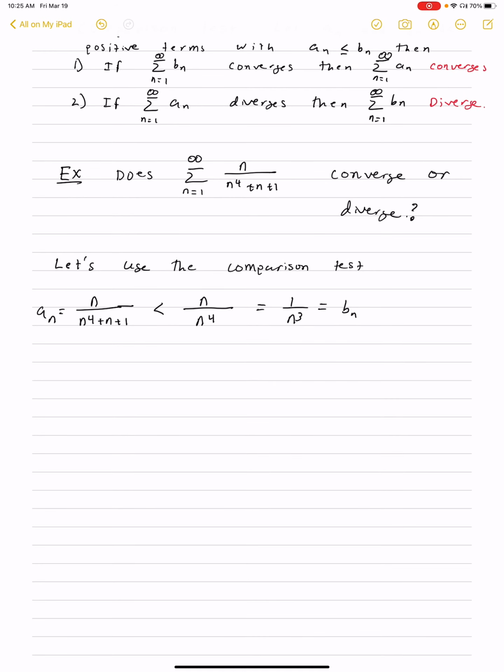So all we need to do is claim that the series of b sub n converges. So this is the claim that this summation from n equals 1 to infinity of b sub n, which is the summation from n equals 1 to infinity of 1 over n cubed, converges by the integral test.